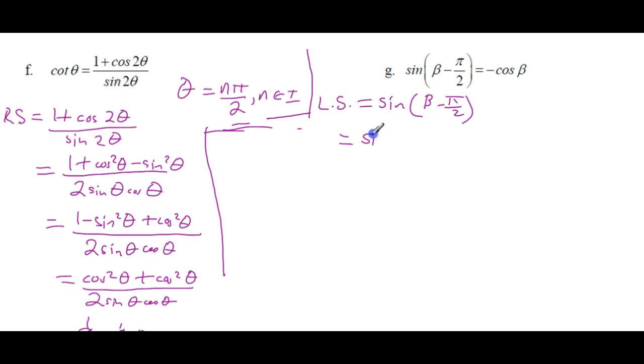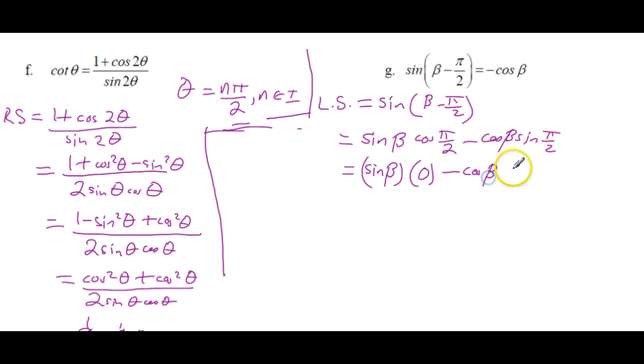But we have a sum and difference: sine beta cos pi over 2 minus cos beta sine pi over 2. The cosine of pi over 2 is 0. The sine of pi over 2 is 1. So we've got negative cos beta, which is the right-hand side.